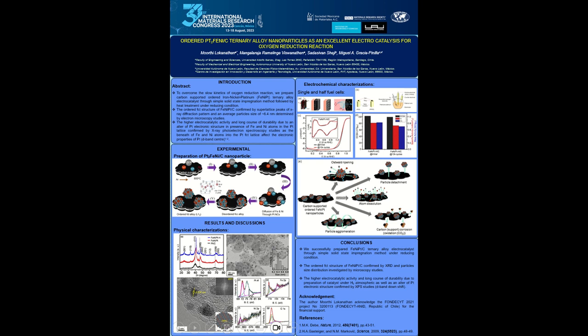From XPS, the presence of Pt, Fe, nickel and the carbon support in the catalyst is confirmed. Compared to bare Pt, the Pt-based alloy has a binding energy shift of almost 0.25 electron volt in the positive direction.